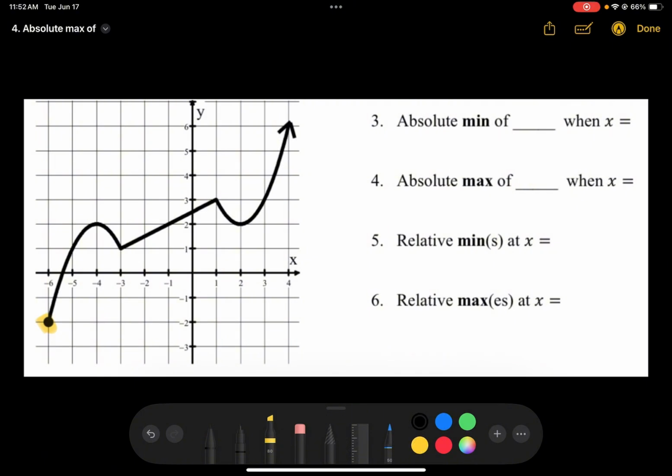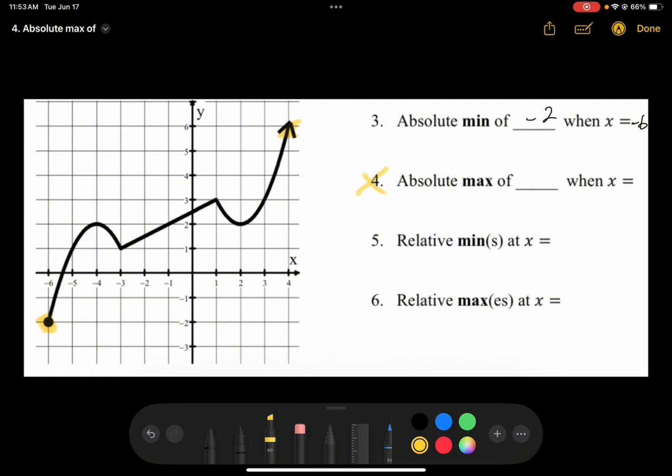Right here, you can just write that the absolute min of negative 2 is when x is negative 6. Next, we're trying to find the absolute max, and you're probably saying, oh, it's right here. Well, actually, it's not. That arrow indicates that it goes on forever and ever to infinity. So in this case, we have no absolute max.